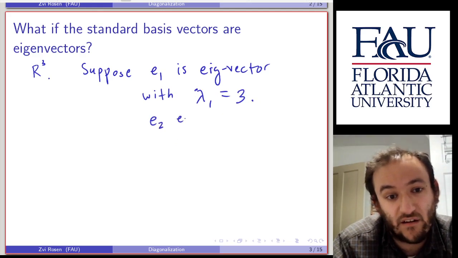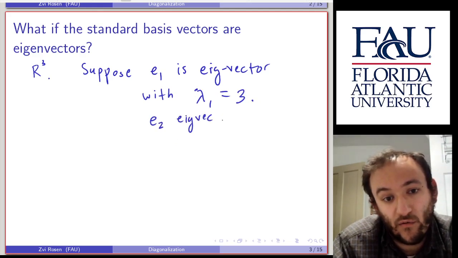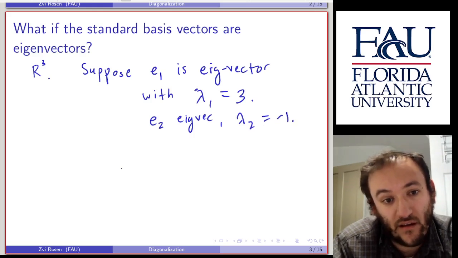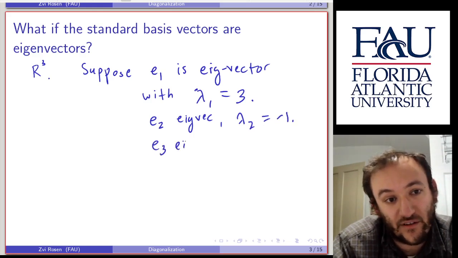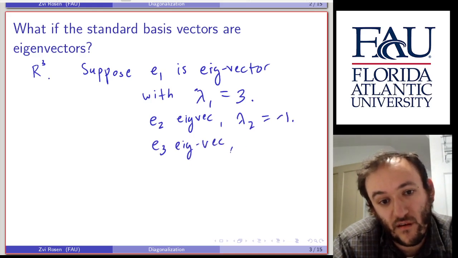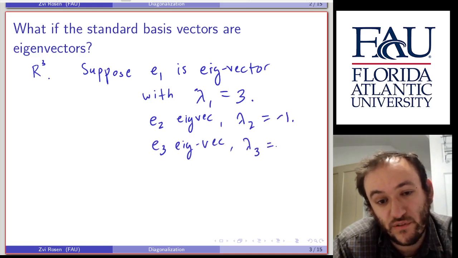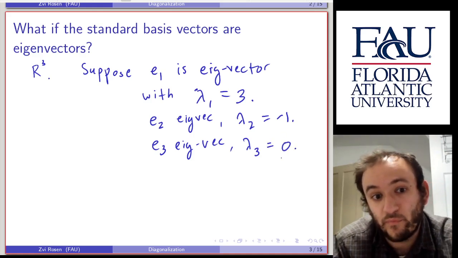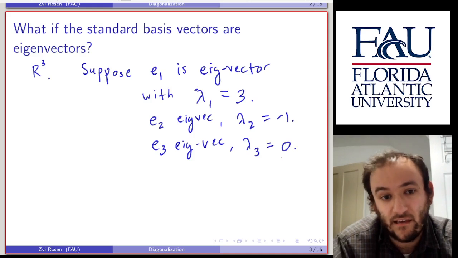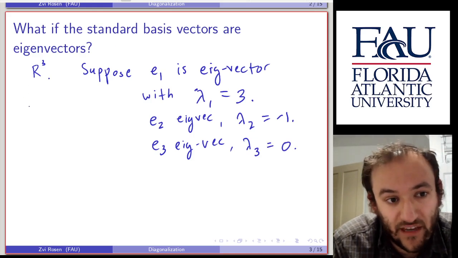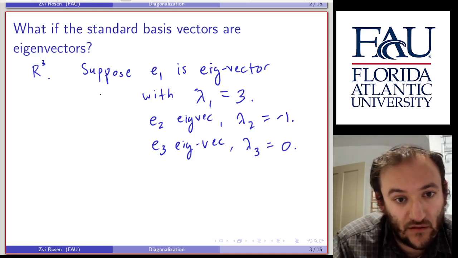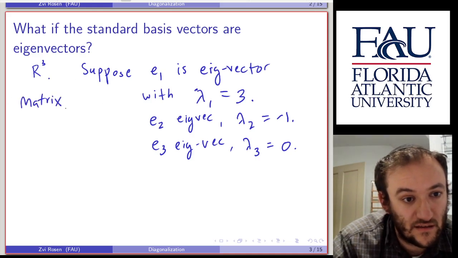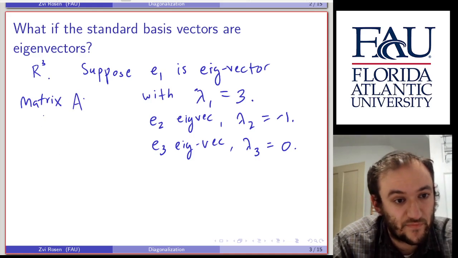E2 is an eigenvector with lambda 2 equal to minus 1. And E3 is an eigenvector with lambda 3 equal to, let's make it 0. And this is all for some matrix A, a 3 by 3 matrix A.